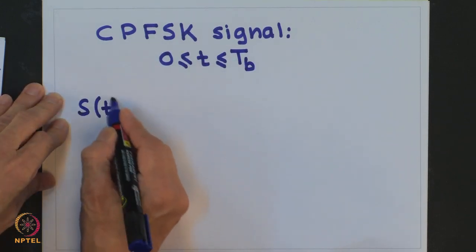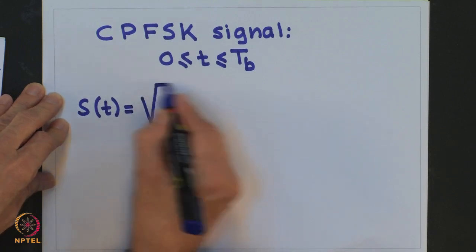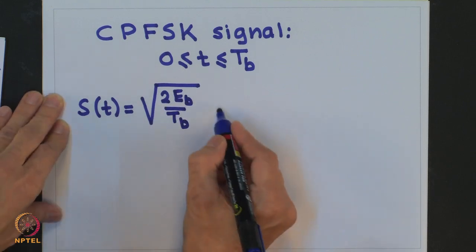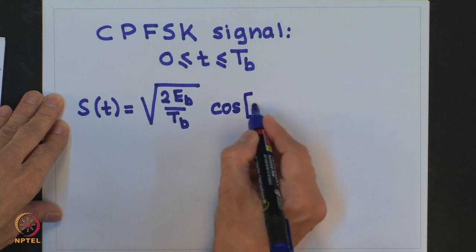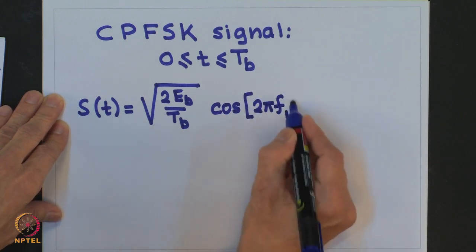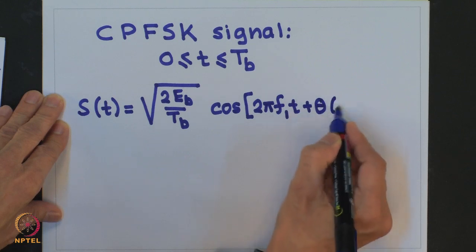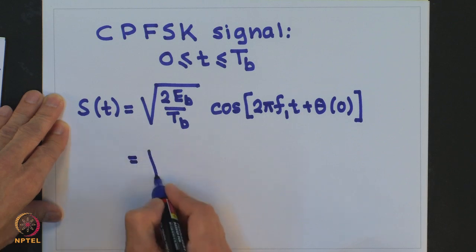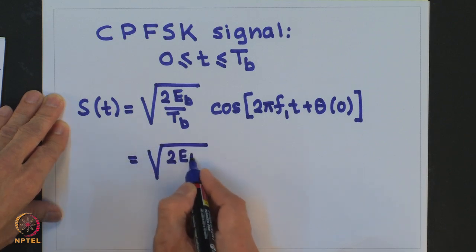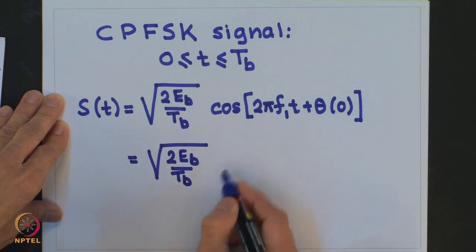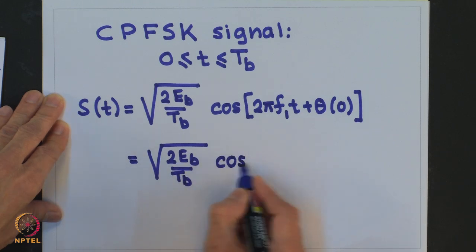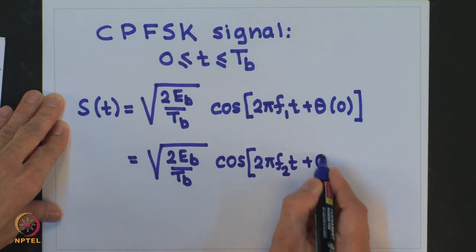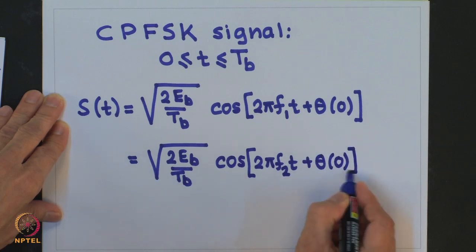We have s(t) is equal to root of 2 Eb by Tb cos(2 pi f1 t plus theta 0), and root 2 Eb by Tb cos(2 pi f2 t plus theta 0).